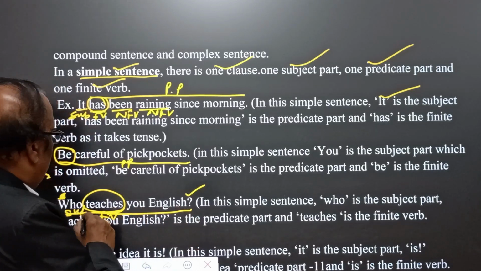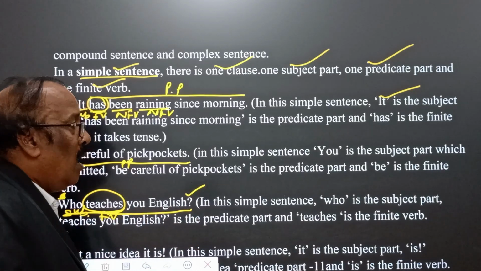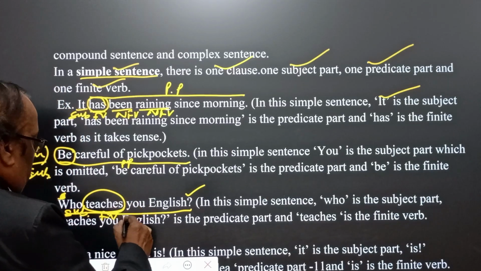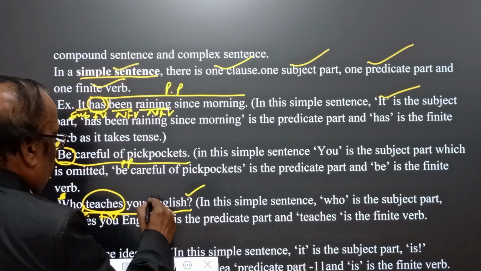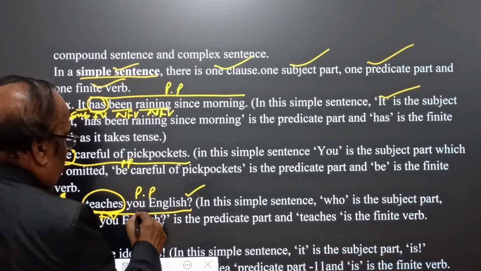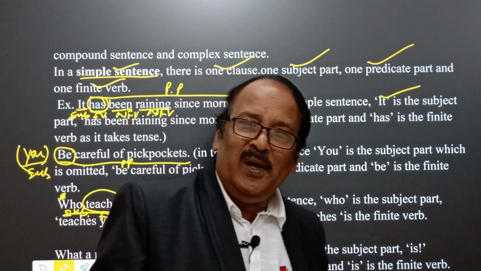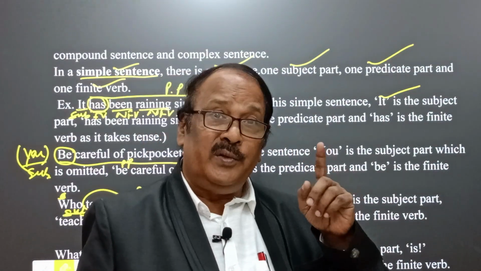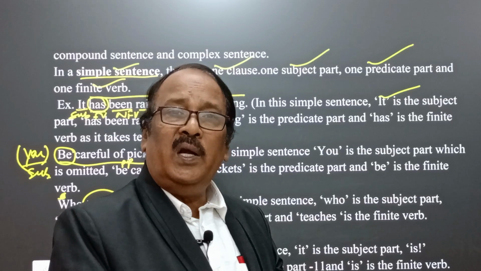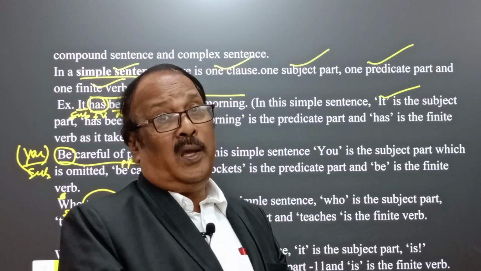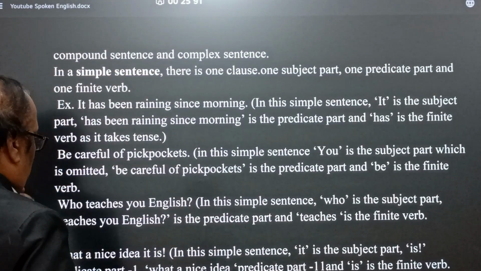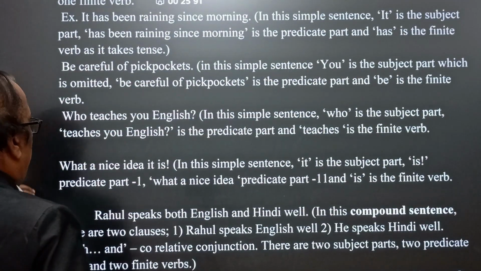So, who teaches you English? Here we find who is the subject part, and teaches you English is the predicate part. This is the way we find that a simple sentence has one subject, one predicate part, and a finite verb.